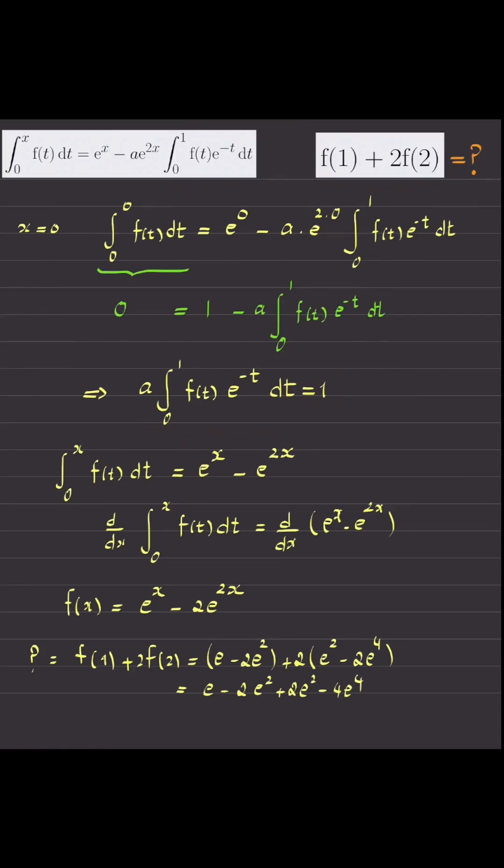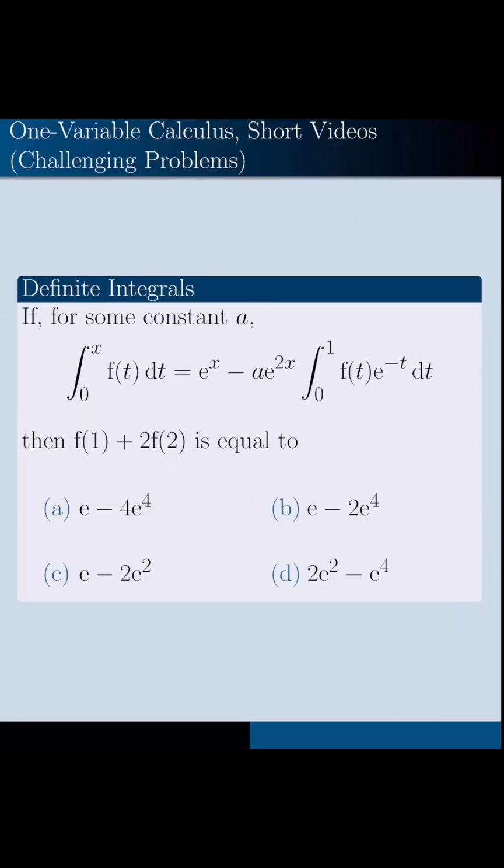And then as you see, these middle terms cancel, and what I get for the answer to the problem is e minus 4e to the power of 4, which is the correct answer to this problem. And as you see, the answer is option A.